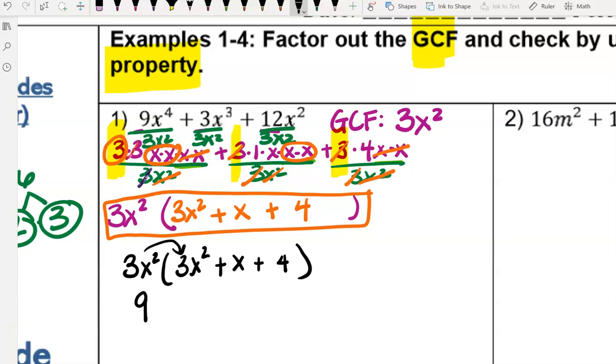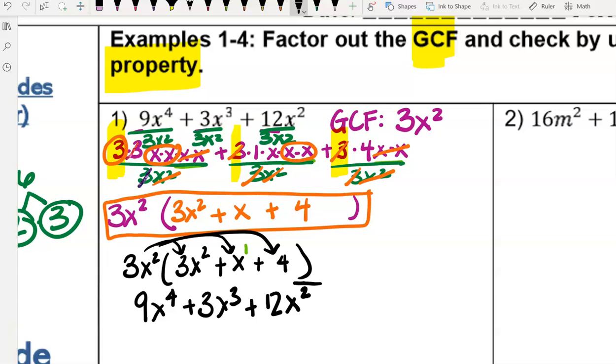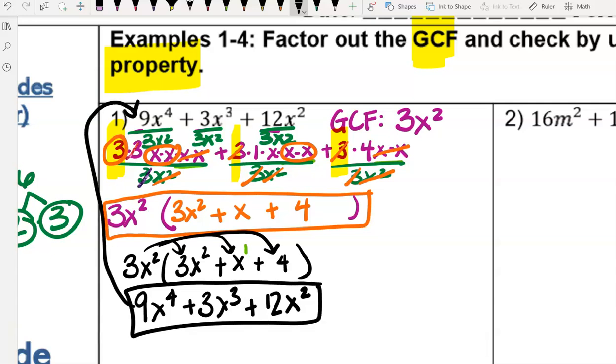When you multiply, you add the powers, so 9x to the 4th. 3x squared times 1x is going to be 3x squared, and remember, this is a power of 1, and you add the exponents, so x to the 3rd. 3x squared times 4 is going to be 12, and the 4 doesn't have any x's, so we just put that back in. So now check that against the original. Are they the same? If they are, then you factored it out correctly.